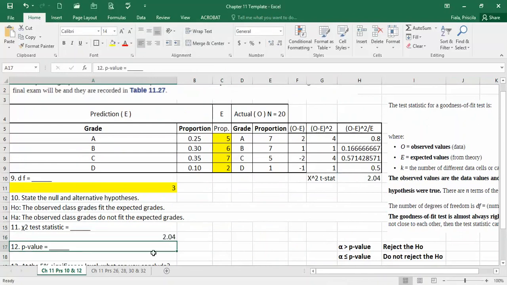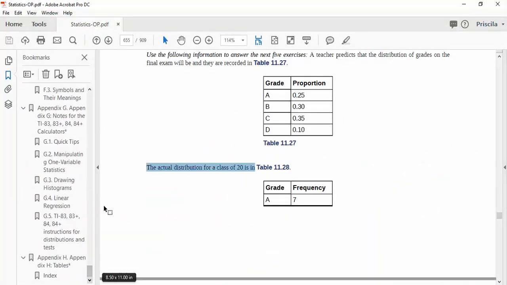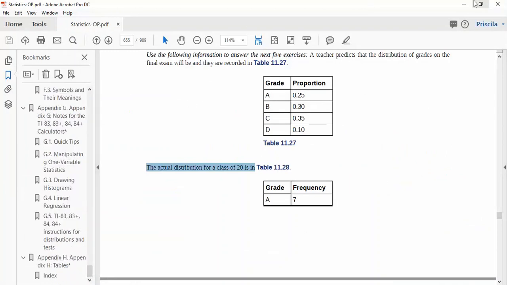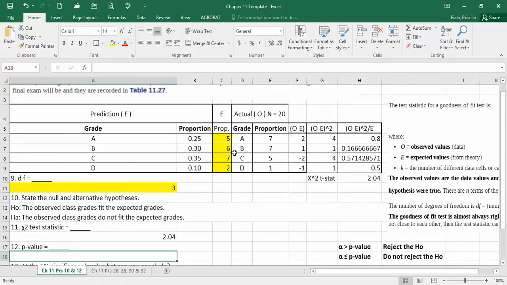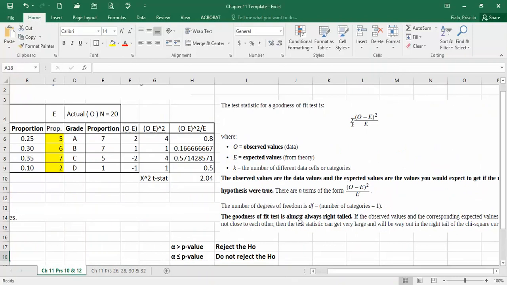Okay, and now we're going to calculate the p-value. The chi-square also has a table, but I don't want at this point to confuse you more. You can go and find a table and look it up. But the easiest way I'm going to show you right now. Remember what I said, the goodness of fit is almost always right tail, correct?